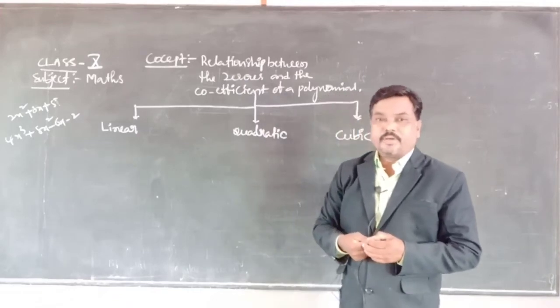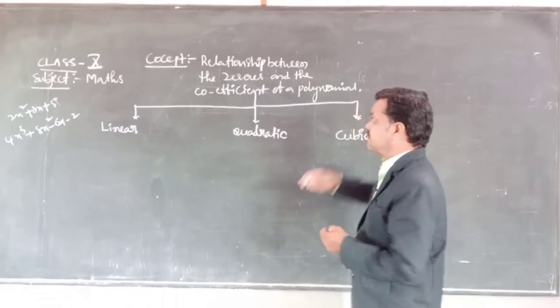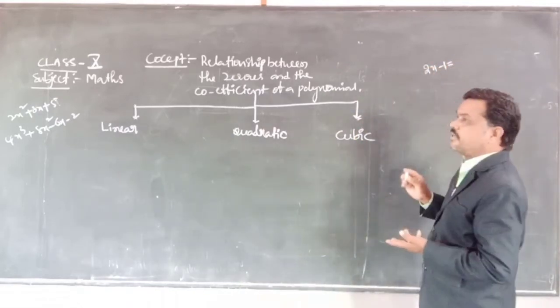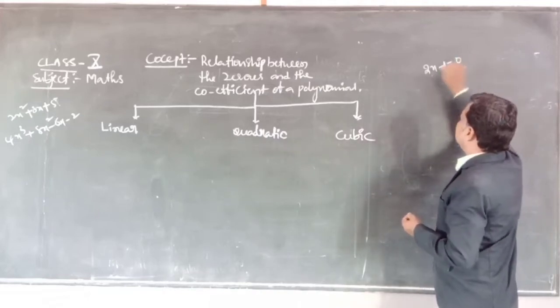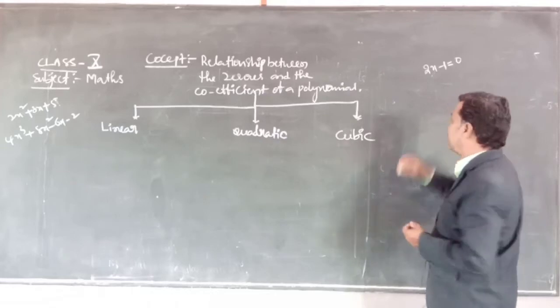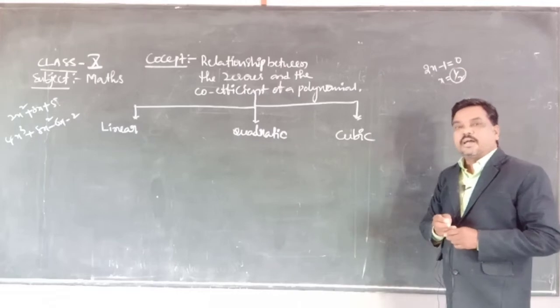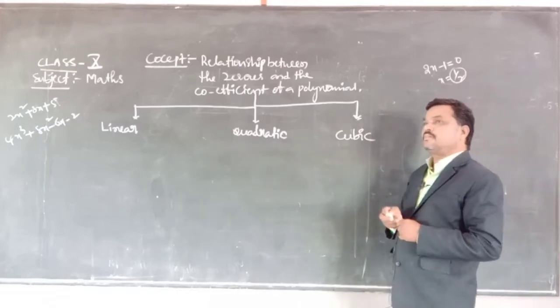Every linear polynomial has one zero. Suppose 2x minus 1 is a linear polynomial. Then the zero of the polynomial means x is equal to 1 by 2.